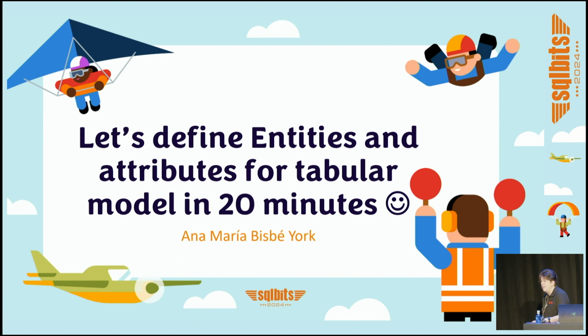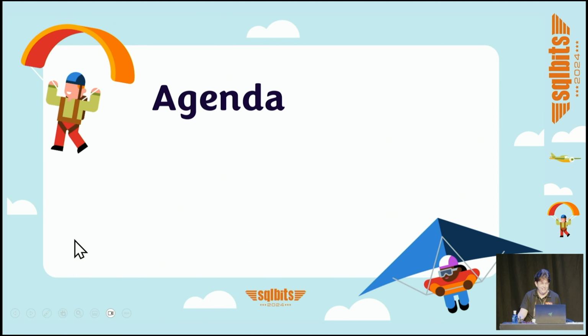I'm a BI consultant and trainer and author of contents about analytics and Power BI for LinkedIn Learning and for the Anaya multimedia publisher. Okay, let's define entities and attributes for tabular model in 20 minutes. It's a short session, but I hope you will enjoy.